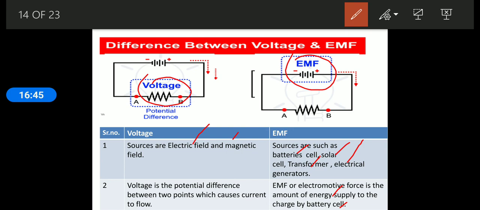Due to this supply of energy of cell or battery, electrons flow in a circuit. The voltage is the potential difference between two points which causes the current flow in the circuit. That is, current flows in the circuit, voltage measured between these two points.